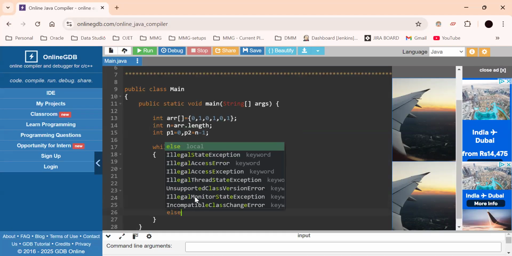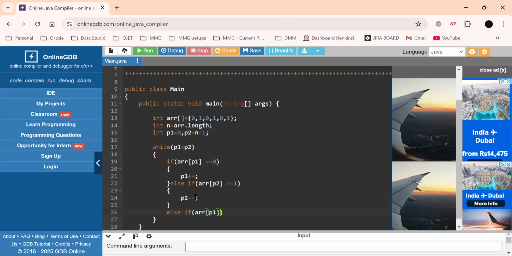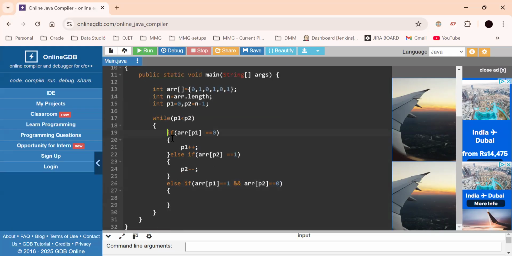Else if array of P1 is pointing to 1 and array of P2 is pointing to 0: if it is 0 on the left side, just increase the pointer. If it is 1 on the right side, decrease the pointer. If the left side is 1 and the right side is 0, we need to swap them.